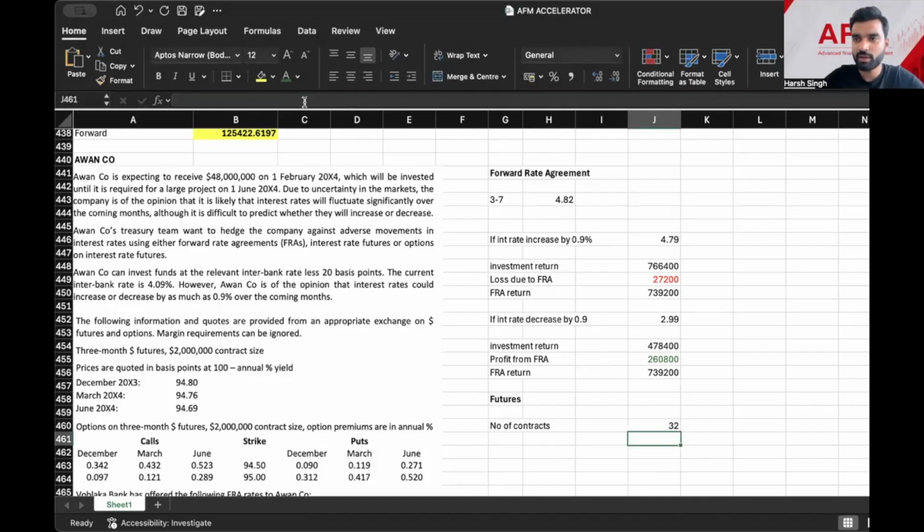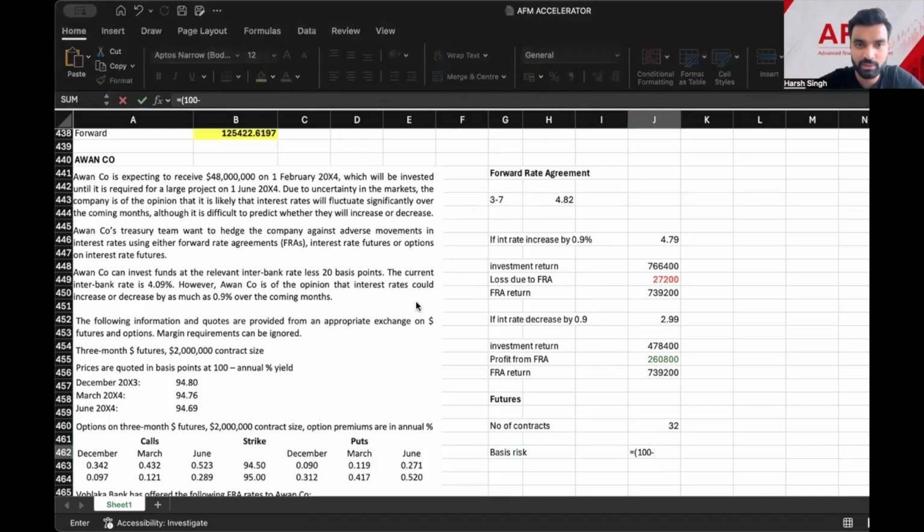Now we have to move to the second step, that is your basis risk. Now basis risk calculation was very simple. Bracket, spot 100 minus. Now what is LIBOR being given over here? LIBOR is directly given as 4.09. Correct. 4.09 bracket minus futures close out price.